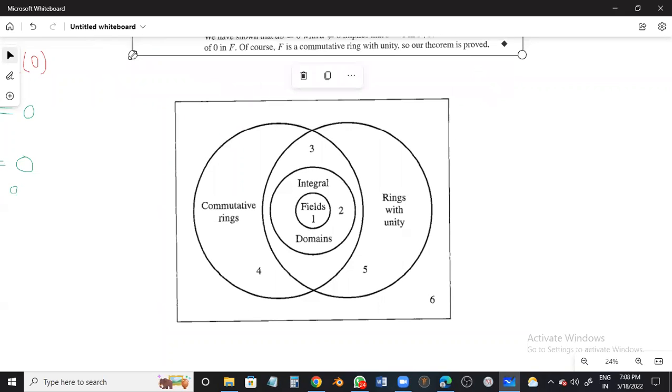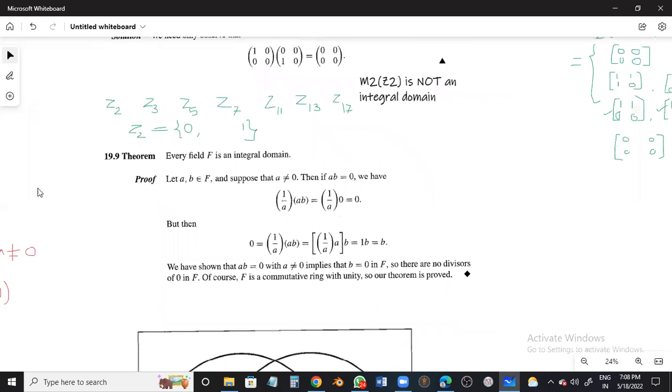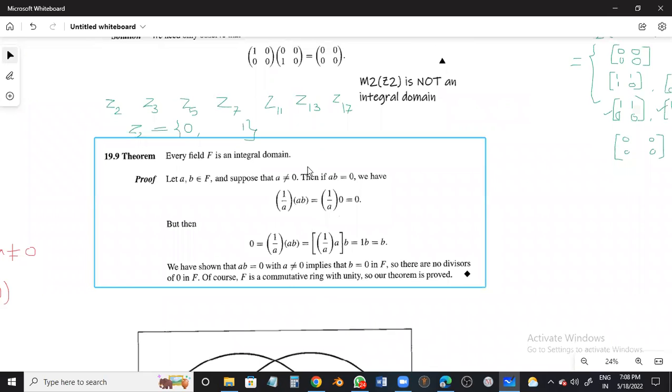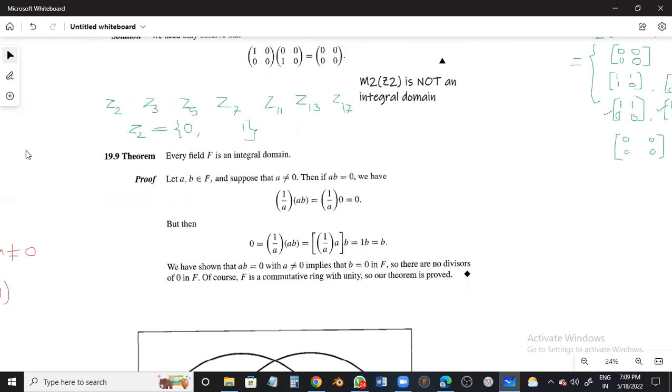So I would like to go back to the statement again. We have shown that every field is an integral domain. So when I say it's a field, I assure that it's a commutative ring with unity and every non-zero element is invertible. So if I'm saying A is non-zero, it will mean that 1 upon A exists.